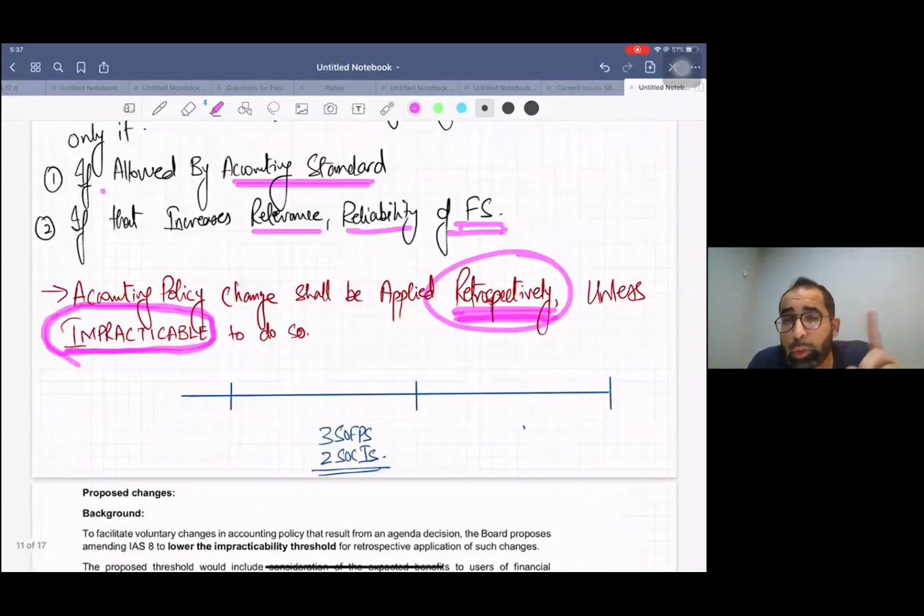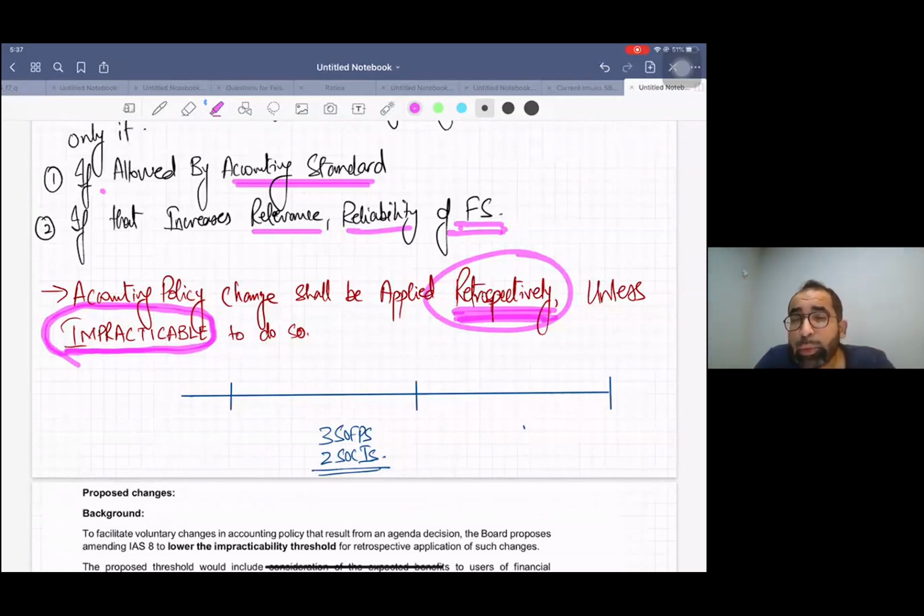I'm not teaching US GAAP right now; US GAAP is a separate thing. We are discussing IFRS. If you invest in a company, you will get the financial statements, and with them you get comparative data.